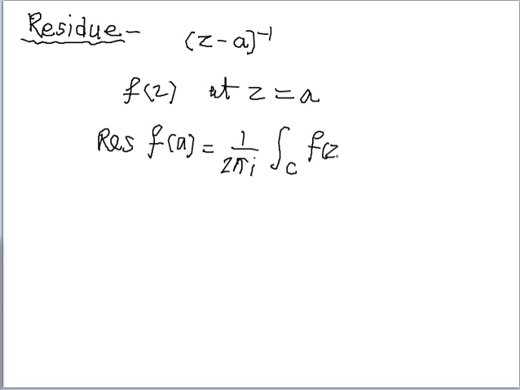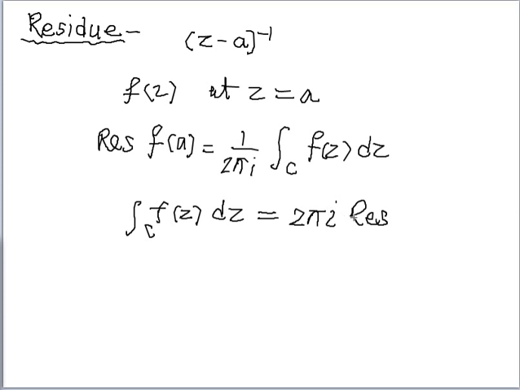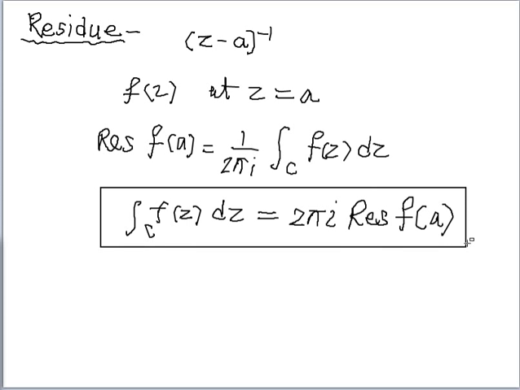Or we can say the integration of f(z) dz is equal to 2 pi iota times the residue of f at a point. So both are the same. This is the formula for finding the residue by integration. We can expand this as the residue theorem of integral.